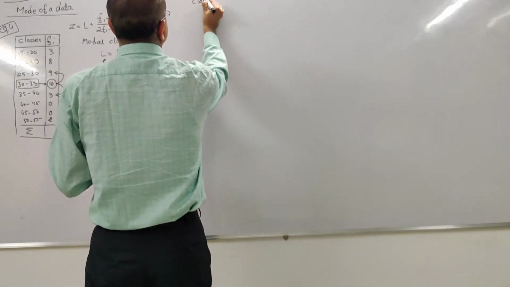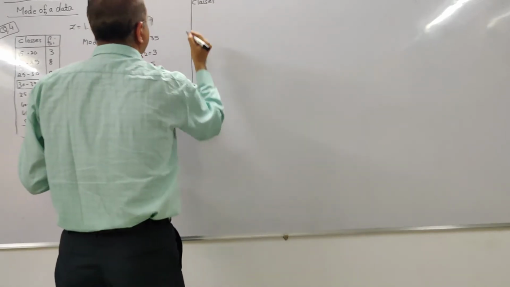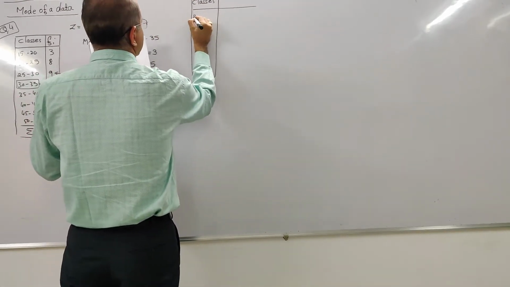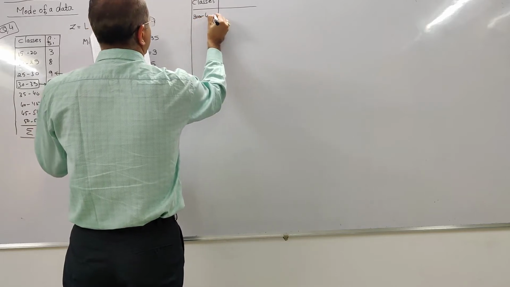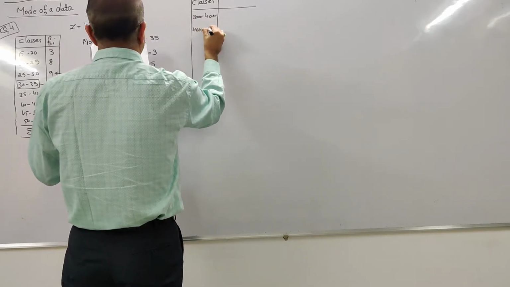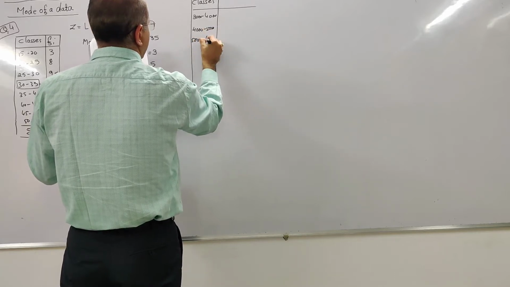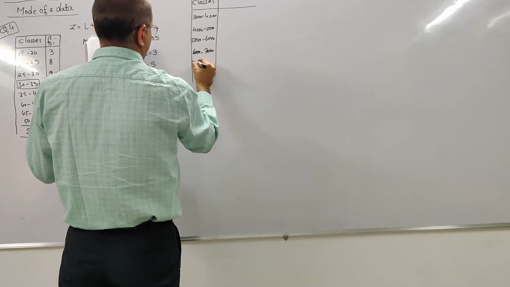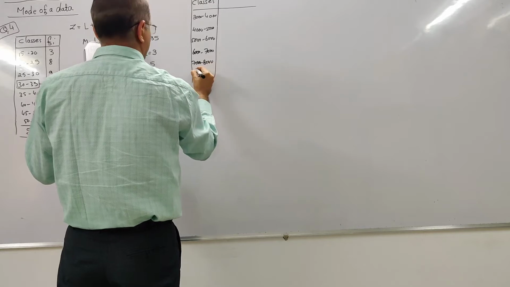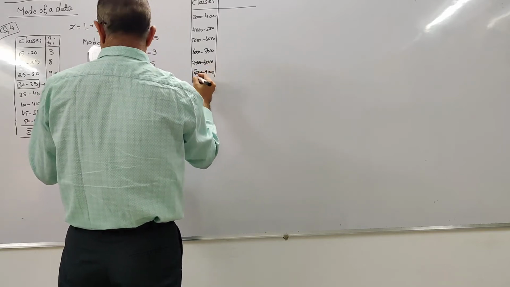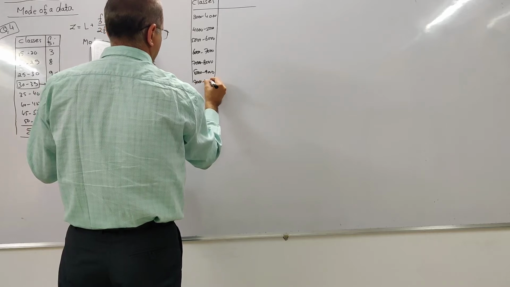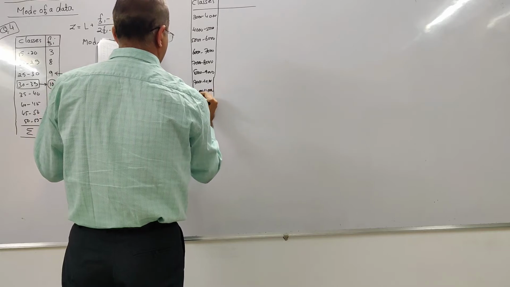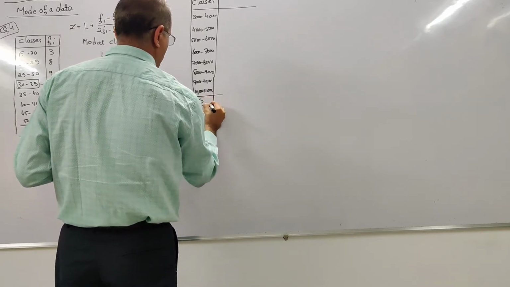Classes are given to you: 3000 to 4000, 4000 to 5000, 5000 to 6000, 6000 to 7000, 7000 to 8000, 8000 to 9000, 9000 to 10,000 and 10,000 to 11,000. That is for the total.